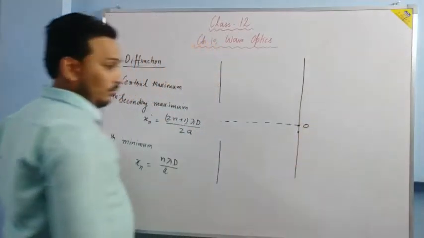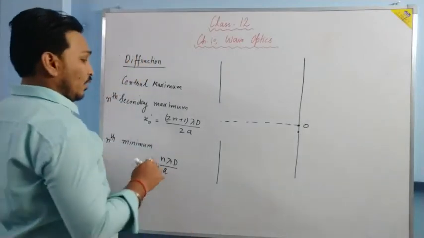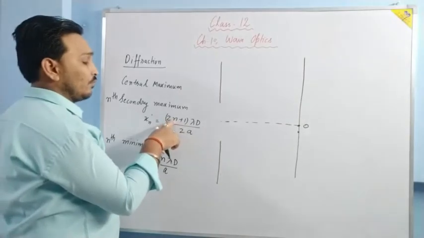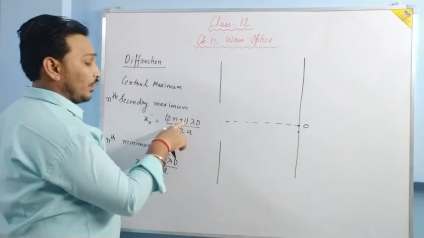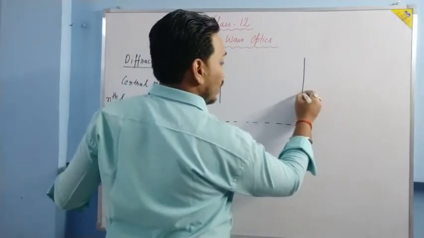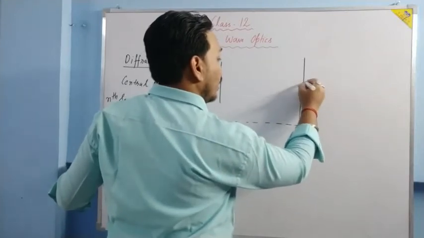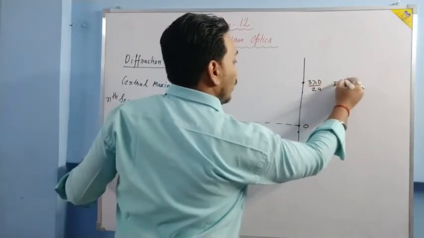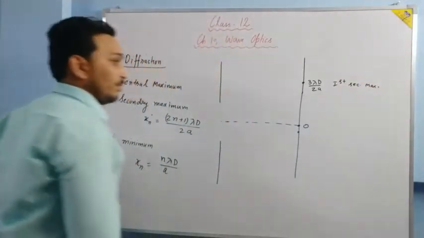Now, from the center, for the first secondary maximum, just put n equal to 1. 2 into 1 is 2, 2 plus 1 becomes 3, so 3 lambda D by 2a. Somewhere here, the first secondary maximum is formed.